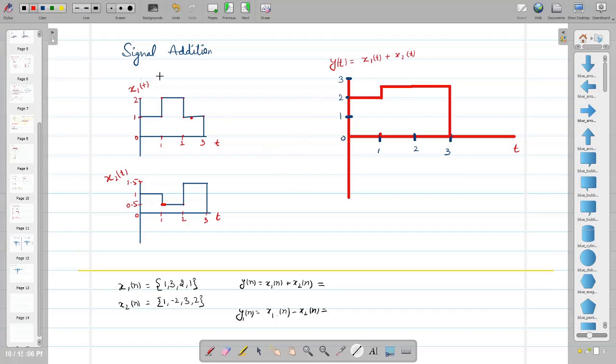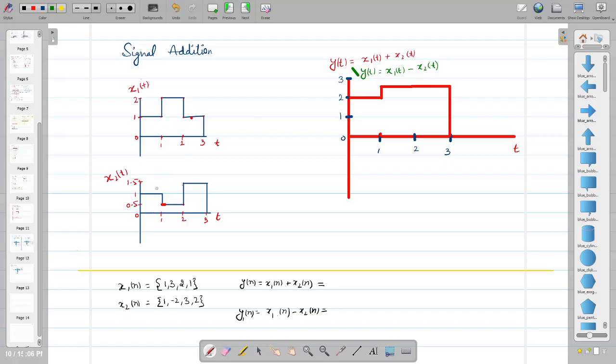Now in the same way we can also represent the sequence y(t) equal to x1(t) minus x2(t), meaning subtraction of two sequences.